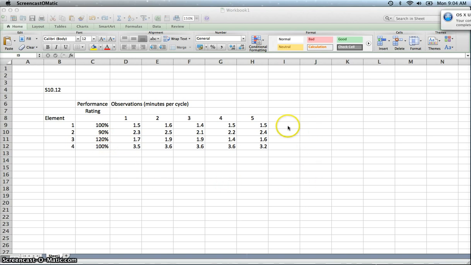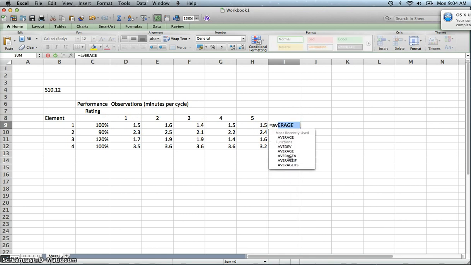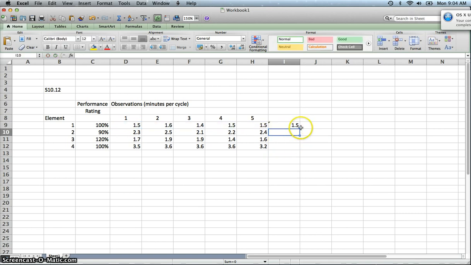So the first thing we need to do is figure out what the average is for the 5 observations. And so in Excel, we can use the function average. And of course, we need to highlight these 5 observations. And so the average is 1.5. And now we can copy that down. Here we go.